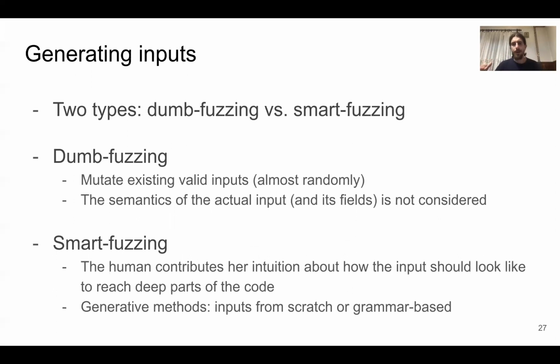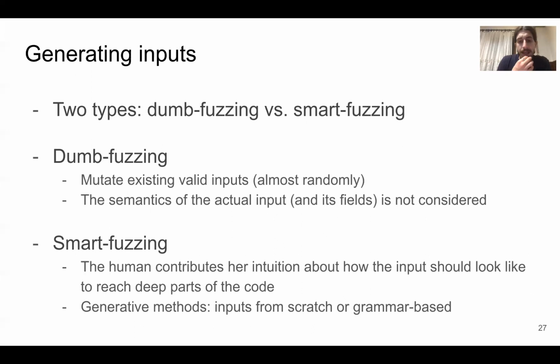So conceptually, you can have dumb fuzzing and smart fuzzing. Dumb fuzzing, you basically mutate stuff almost randomly, and you don't consider anything about what the actual input was. You don't consider, oh, this was part of the header, or this was the size of a buffer, or some data part, so I try to change it. They don't care.